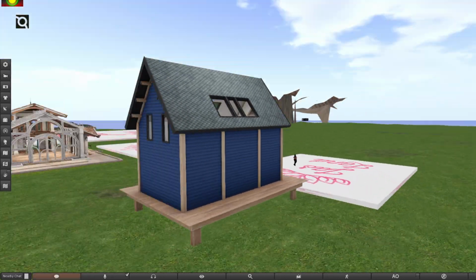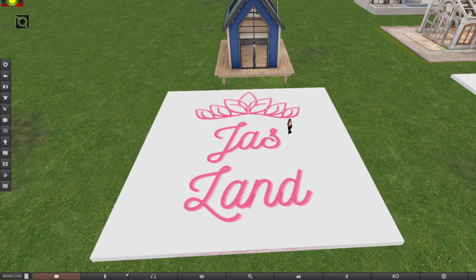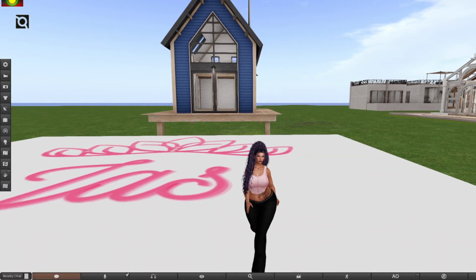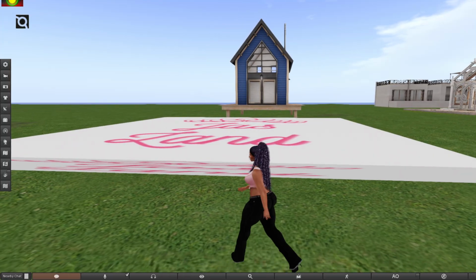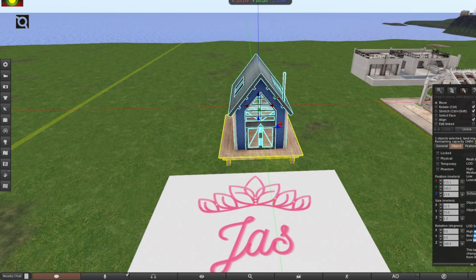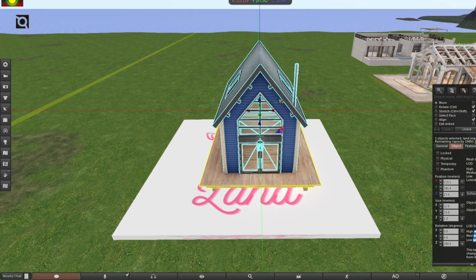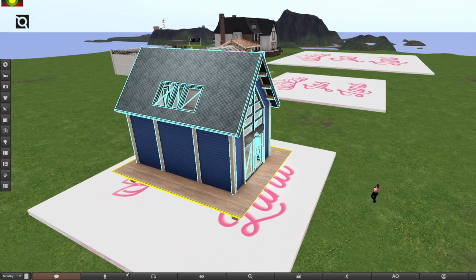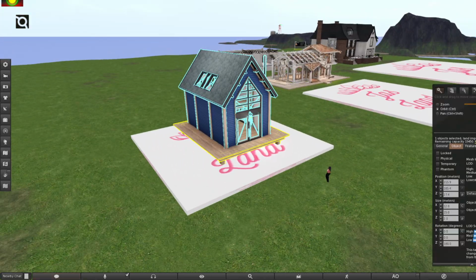This house, which is a Trump house, little cottage, that house can fit on this land, right? So if you had a 512, it's still a pretty good size to put a little house on. So I could take this house and move it. So that's what it looks like and about how much room you'd have left on a 512. Okay, you could put a nice little size house there.